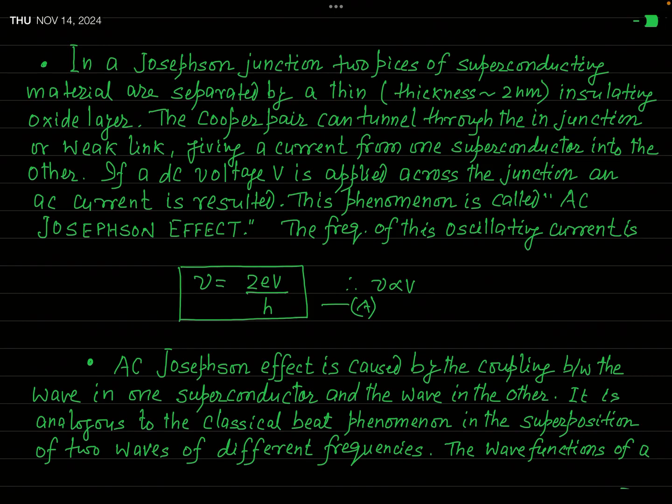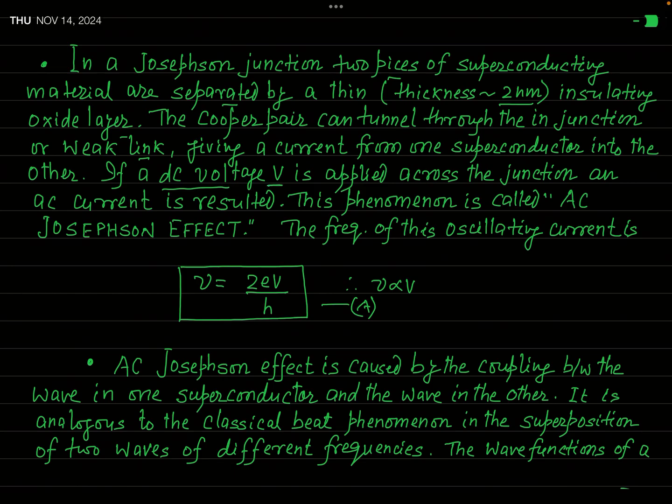You can see in a Josephson junction, two pieces of superconducting material are separated by a thin insulating oxide layer, whose thickness is almost 2 nm. Okay. The Cooper pair can tunnel through the junction or weak link, giving a current from one superconductor into the other.